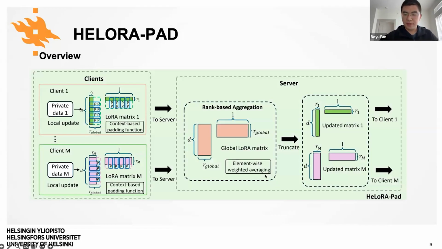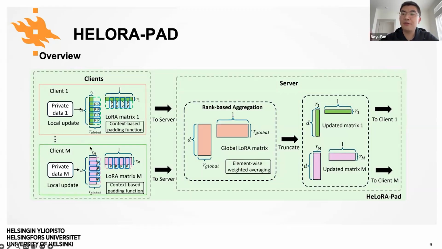So this is where we introduce our method. Our method is HeLoRA, and we propose two variants. The first one is called HeLoRA-Pad, which is a very straightforward idea, as you can see from the name: we just pad them. Assume we have client 1 and client M. Client 1 has rank R1 and client M has rank RM, both less than the global one.